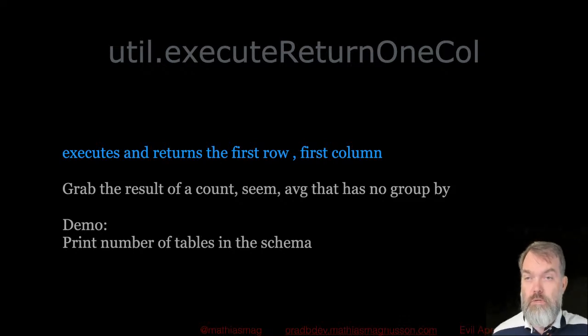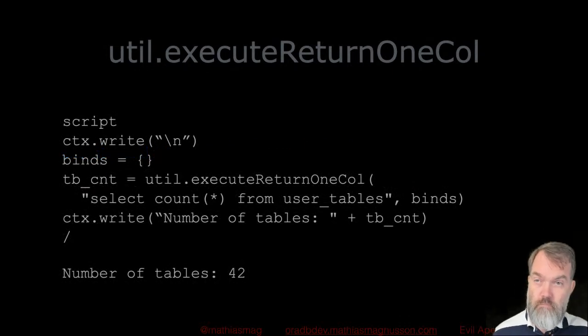So in this case, we just want to print the number of tables in the schema we're in. There is not more than one row, just print the exact number of tables we have in our schema. Similar setup as before.